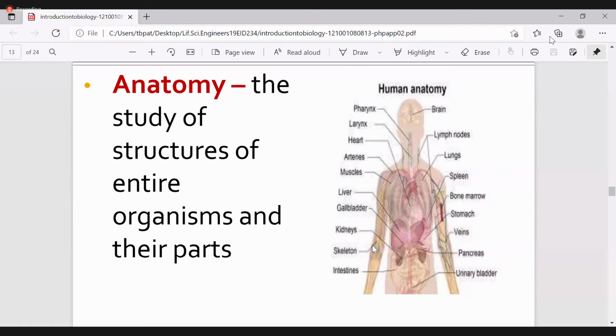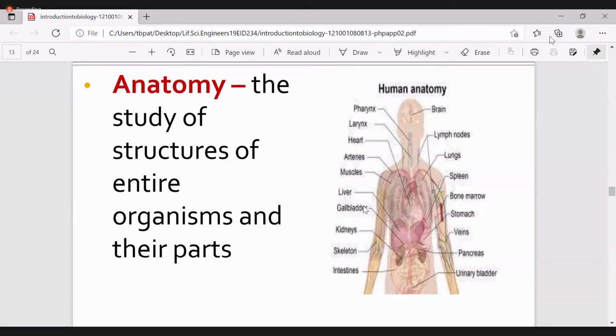Next is the skeleton, and kidneys, nephrons, the excretory system. The kidneys contain nephrons, and only then is the excretory system functioning.